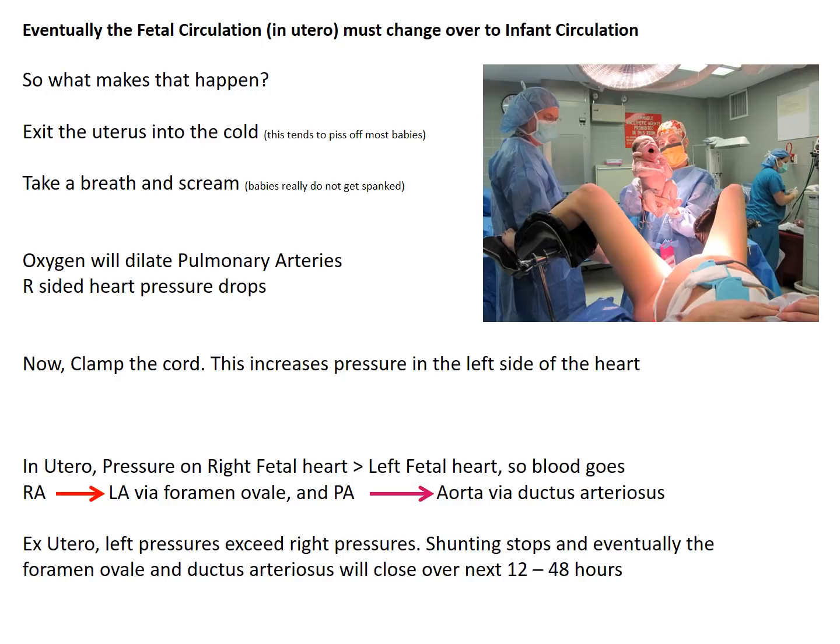Then the cord is clamped, and when the cord is clamped, that will increase pressure on the left side of the heart. So remember, in utero, you had this right to left shunting, blood trying to bypass the lungs. It can go from the right atrium to the left atrium through the foramen ovale, and from the pulmonary artery to the aorta via the ductus arteriosus.